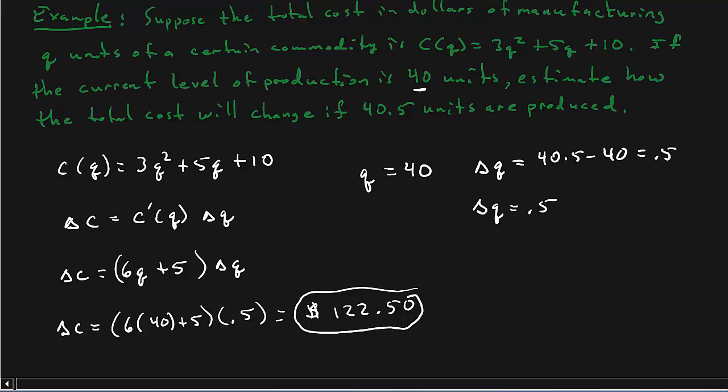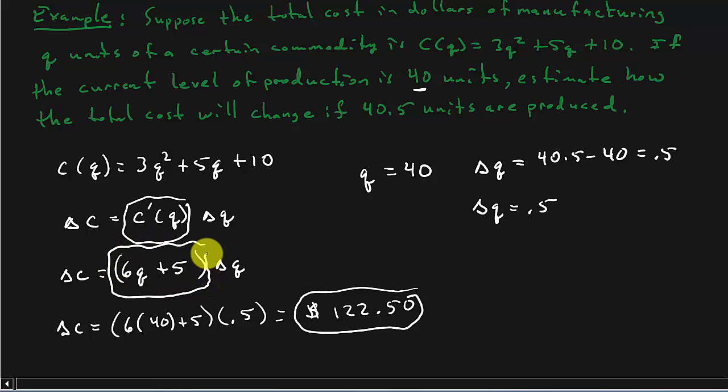So that's how we approximate when increasing by not a whole unit. It's the same thing. It's exactly what we did before. We're taking the derivative of the function and then evaluating. See, there's your derivative.